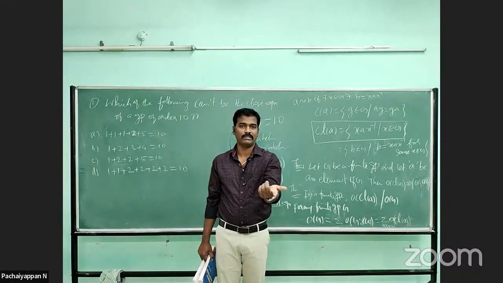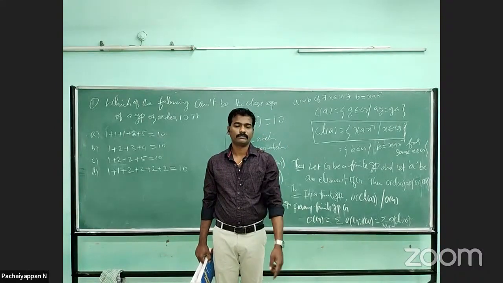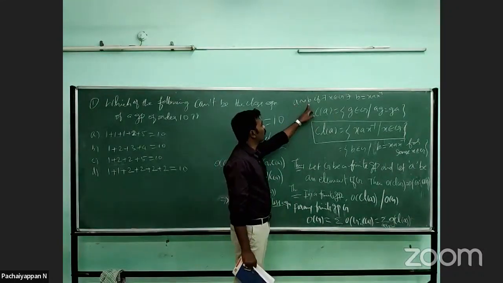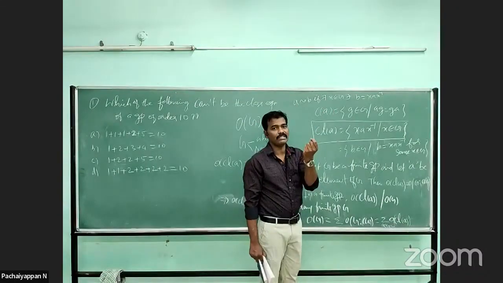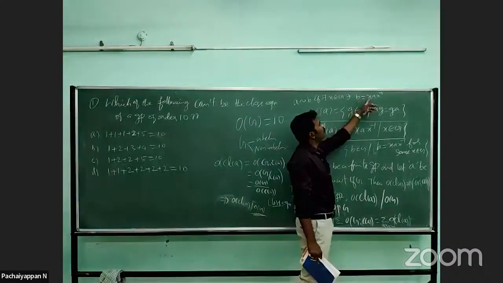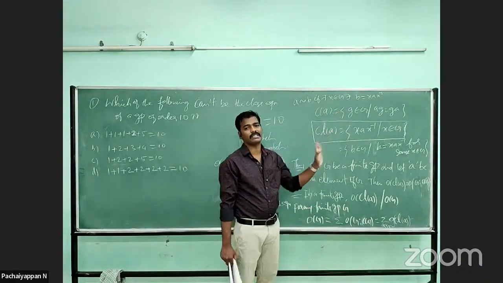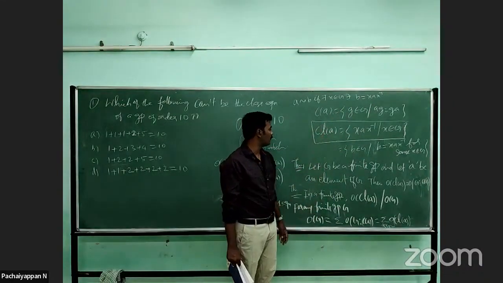Collect all those elements. That is the conjugacy class of you. The same thing: A and B are conjugate means at least one element in G exists such that B equals X A X inverse. That's all. That is the meaning of CL of A.